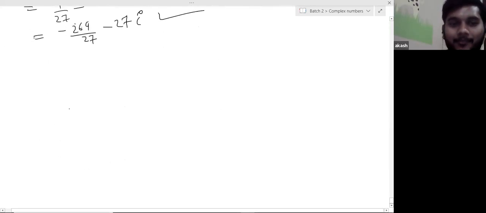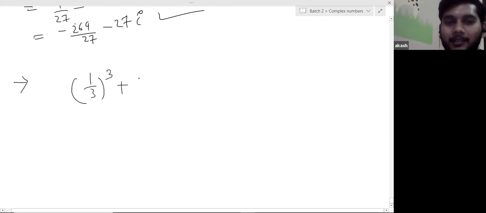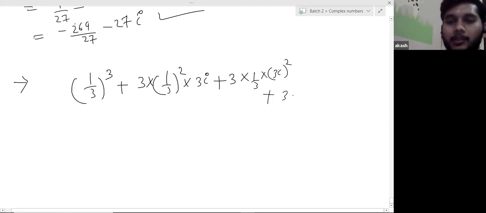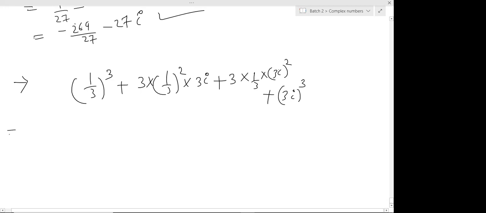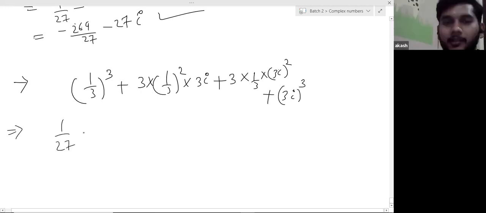Let's see. a cube is 1 upon 3 cubed. Then 3a square b is 3 into 1 upon 3 square into b, which is 3i. Plus 3ab square, 1 upon 3 into b square, 3i square, plus b cube, 3i whole cube, right? Yes, sir. So this is 1 upon 27 plus, see, this is 1 upon 9.